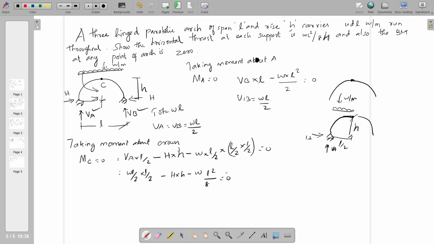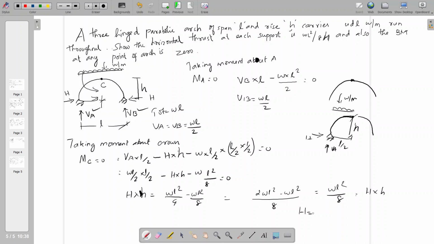You bring this term to the right side. H into h equal to WL square by 4 minus WL square by 8. Taking LCM 8, 2WL square minus WL square, which is equal to WL square by 8, which is equal to H into h.